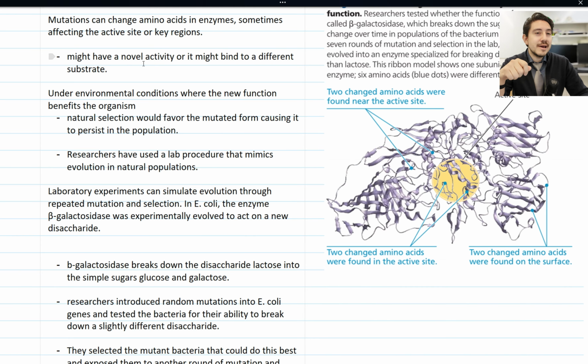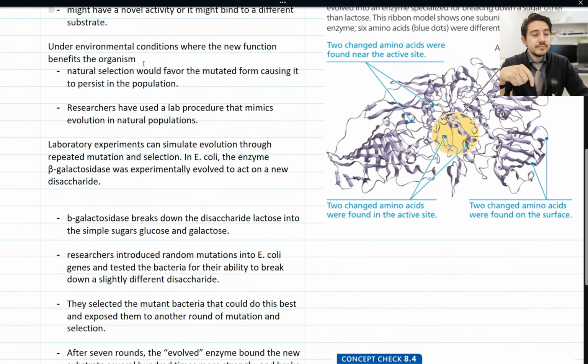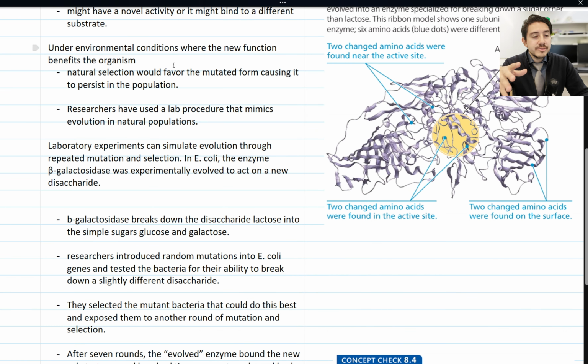Under environmental conditions, a new function can arise that could benefit the organism. Natural selection would then favor that mutated form. It might be more efficient, so it could persist within the population, and ultimately generations and generations of a particular population will contain that altered form.